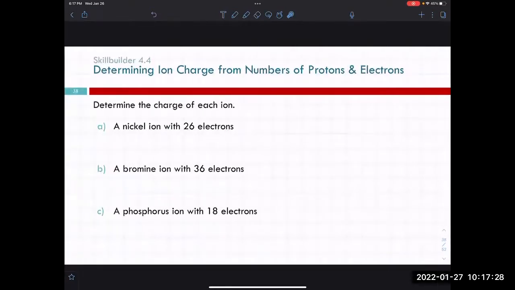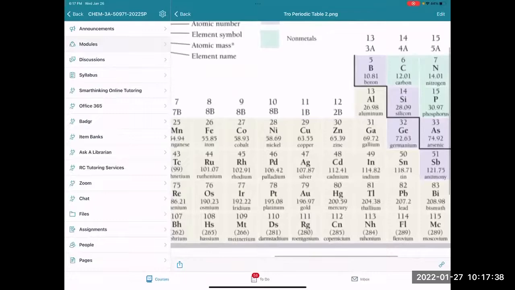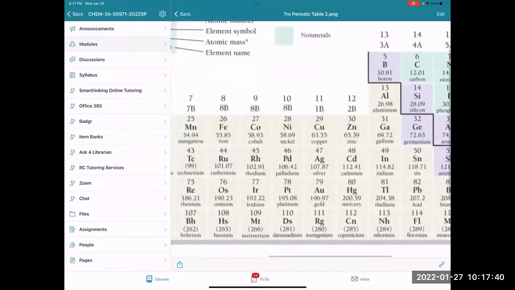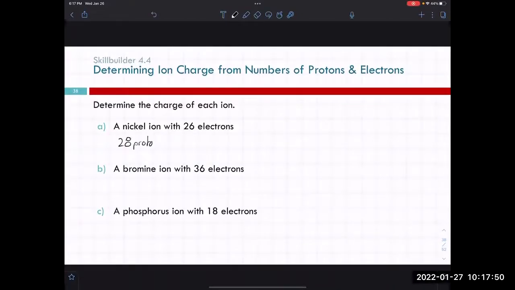All right, so we have a nickel ion with 26 electrons. Got to go and find nickel. Nickel's here, has 28. So nickel has 28 protons. It's just its atomic number. So 28 protons minus 26 electrons will give us a 2+ charge.